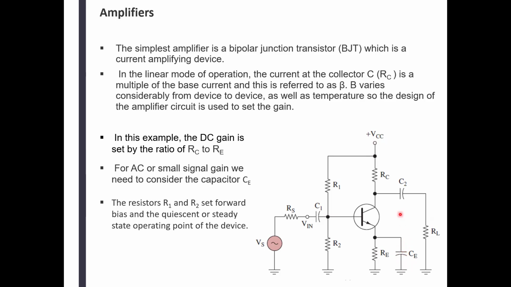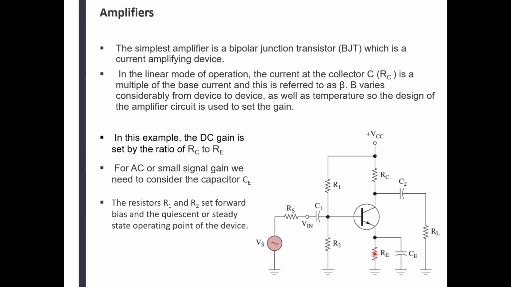So then the gain is between this resistor and this reactance. And it's going to be a bigger difference. So as soon as you put that capacitor right here, the AC gain jumps up 100 times more. So that's why we have that. So the gain goes between this resistance and that resistance for the DC. And yes, it will give you some gain for the AC circuit as well.